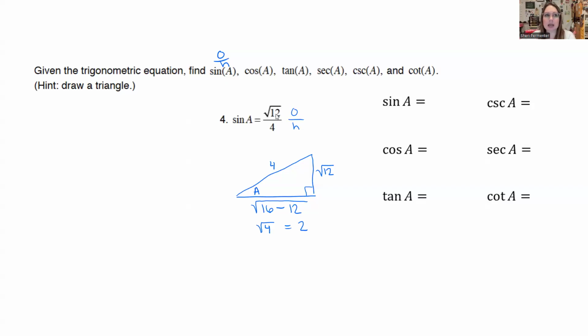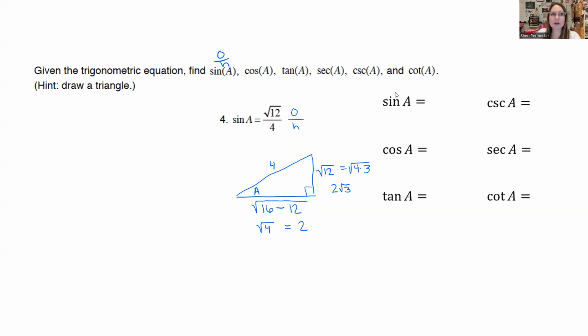Sine. We already know sine, but I'm going to tell you something. I have an issue with them leaving it as square root 12. Maybe the whole idea is that they want you to reduce it, but the square root of 12 reduces because the square root of 12 is the same thing as the square root of 4 times 3. What's the square root of 4? 2. So it's 2 square root 3.